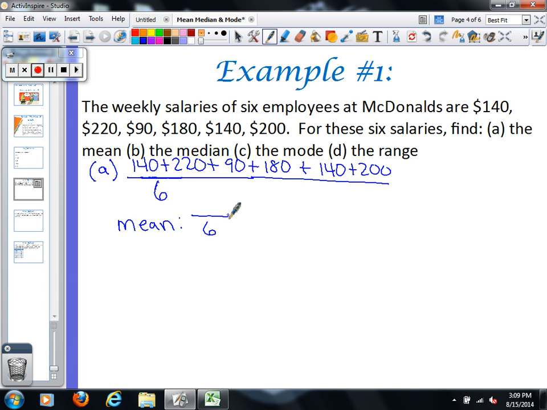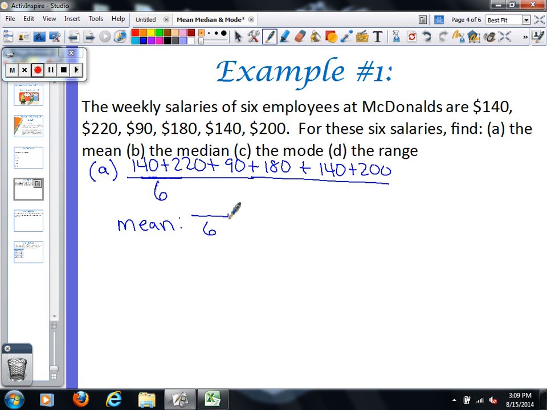If we add all these up, 140 and 220 is 360. 360 plus 90 is 450, and then you add 180 to 450.